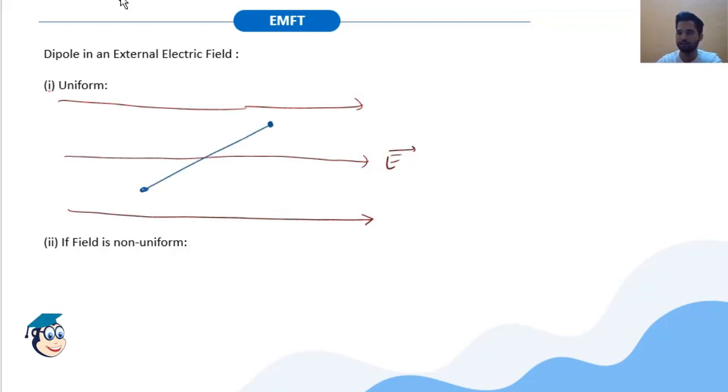This is a dipole, and you have two charges, one minus q and one plus q. This plus q will experience a force in the direction of the electric field, F plus, and this minus q will experience a force in the direction opposite to the electric field, and that force would be F minus.